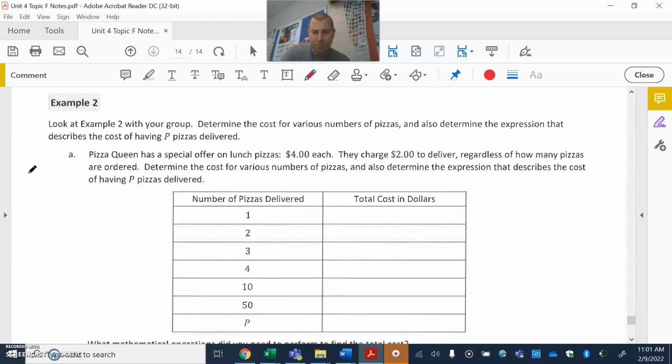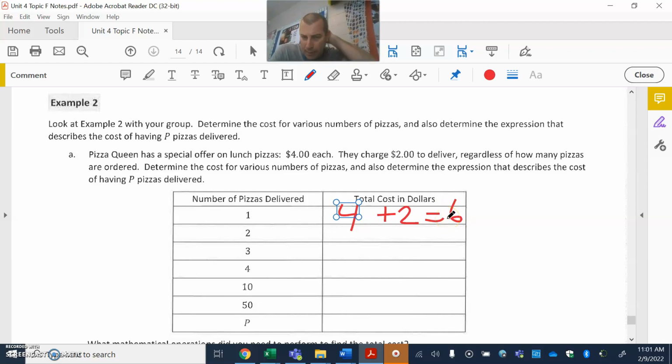Okay, so here we go. A lot of what we do here is get the work down, because that's going to help us with the expression. So, number of pizzas delivered. Well, we know it's $4 for the pizza, and then they're going to charge $2 for delivery, which means it's going to be $6.